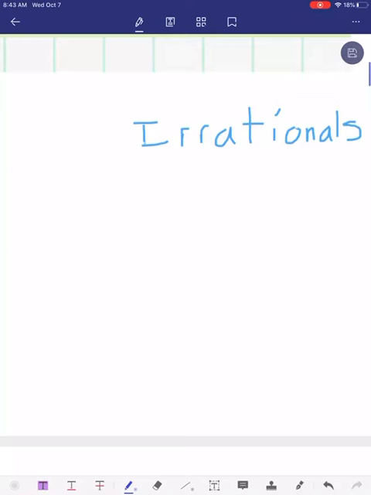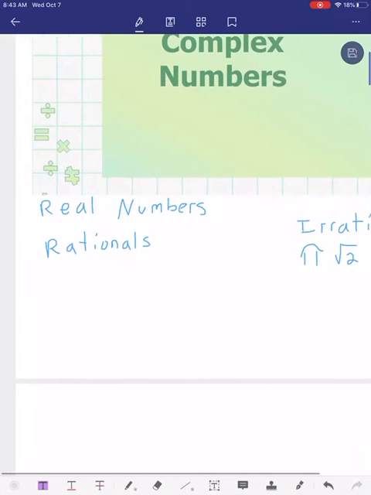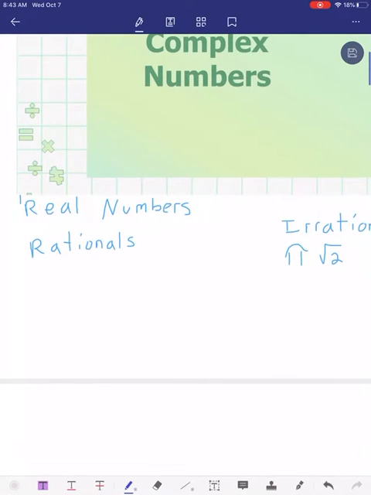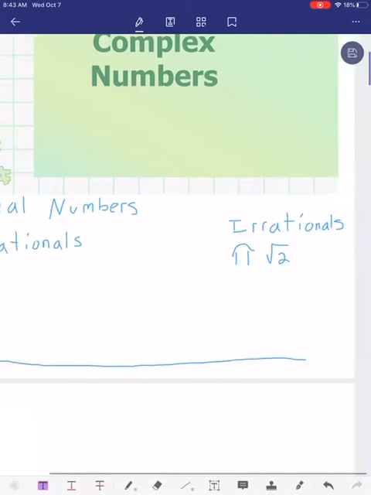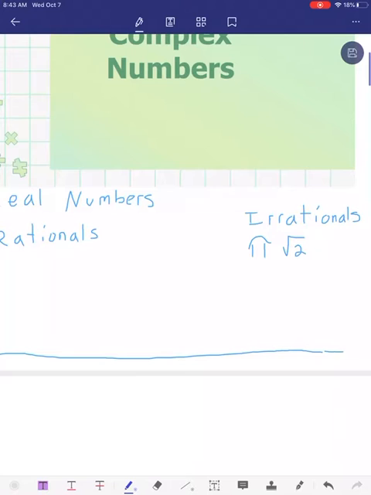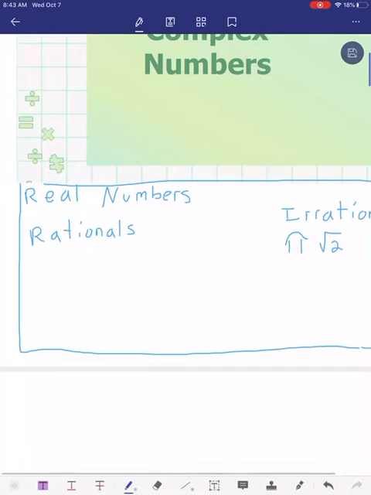Remember that our irrationals consist of things like pi, square root of 2, anything that's going to have a decimal that goes on forever. And all of these are inside of our real number set.